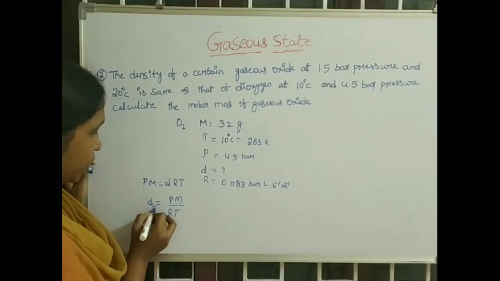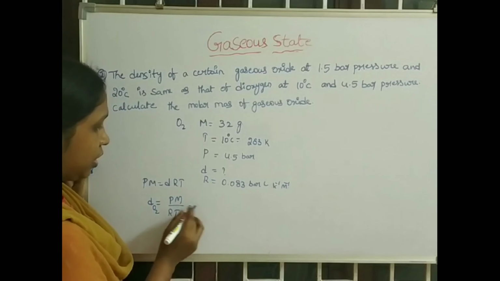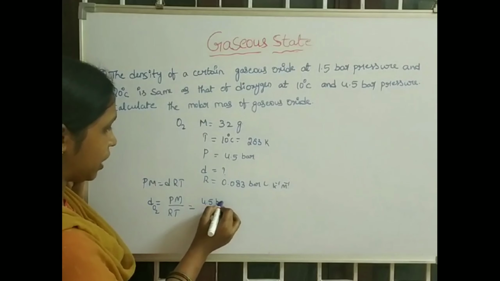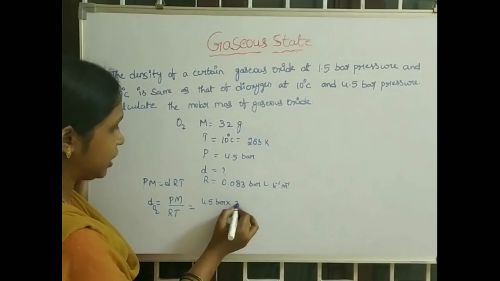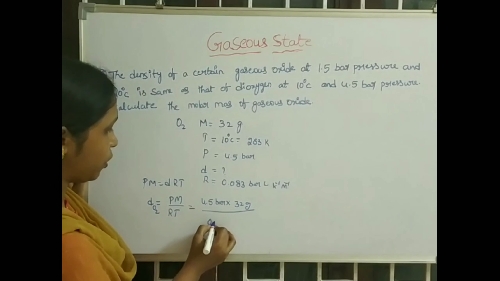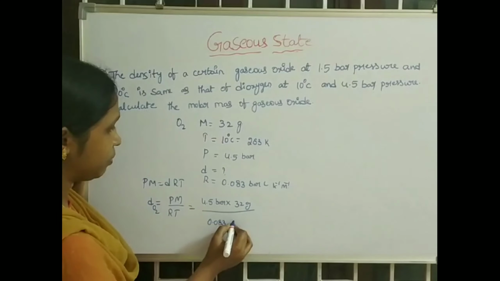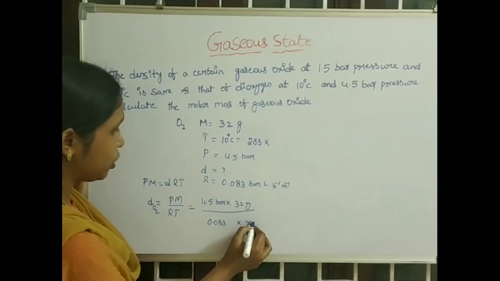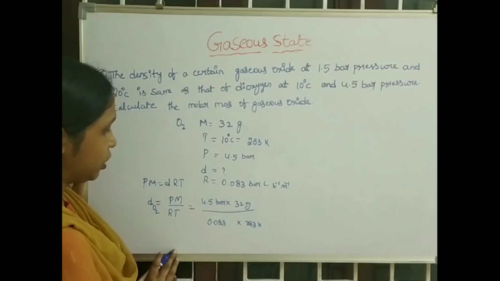This is the density of oxygen. That equals, substituting the values, 4.5 bar into molecular weight 32 grams divided by the R value 0.083 bar liter Kelvin inverse mole inverse into the temperature 283 Kelvin.